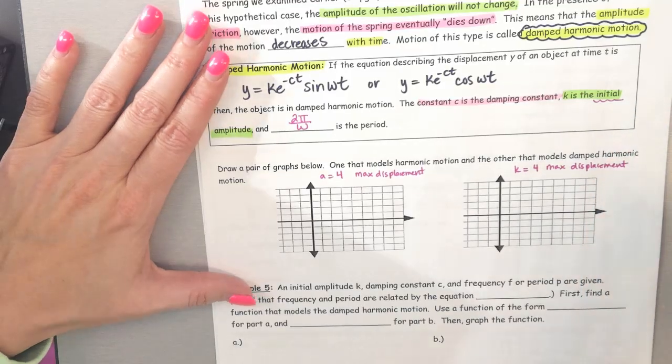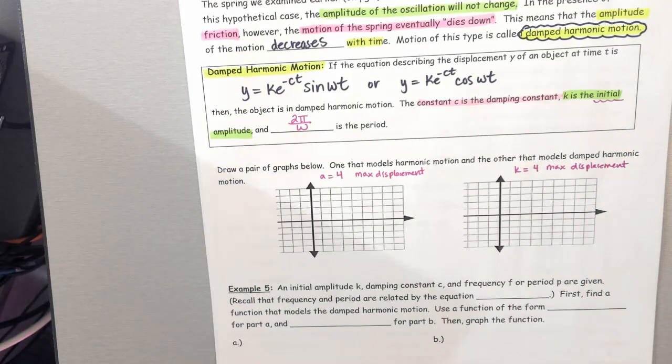Now with some of the graphs, it takes a long time for you to see how it decreases. Sometimes it decreases gradually, and so we want to look at a bigger picture to see what happens over time. So for these, I'm going to let you do an exaggerated model, okay?